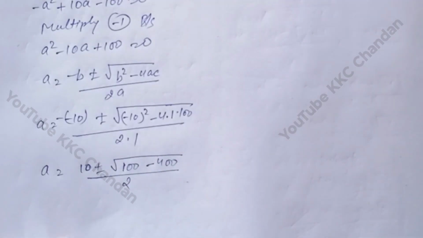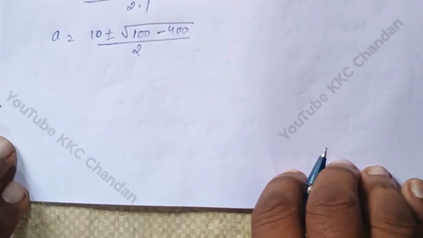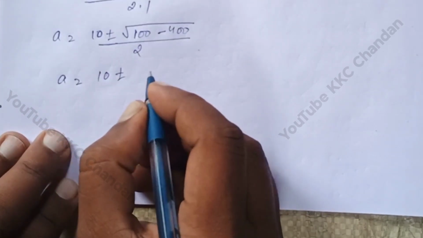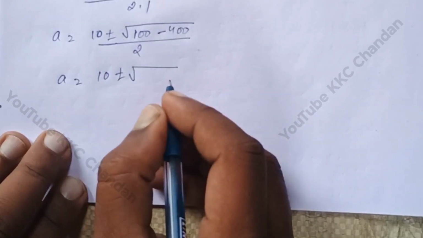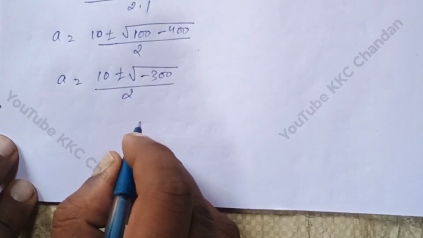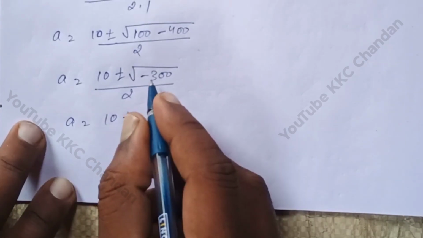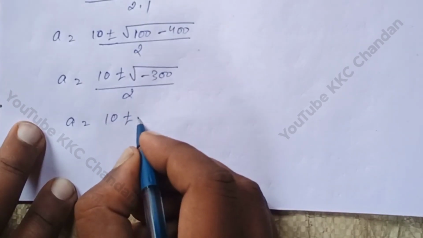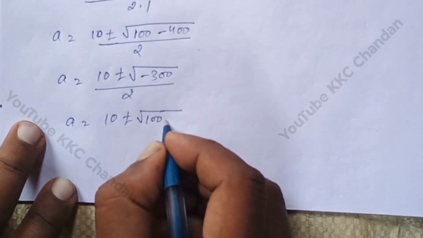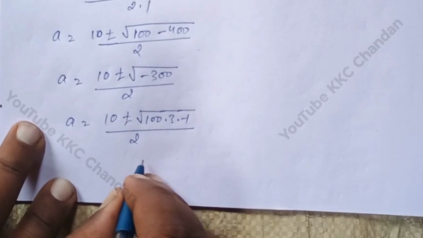After the next step, see here, a is equal to 10 plus minus root under minus 300 divided by 2. The next step, a is equal to 10 plus minus, 300 will be written as, see here, 100 into 3 into minus 1, divided by 2.